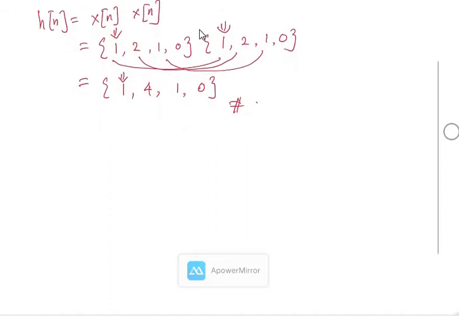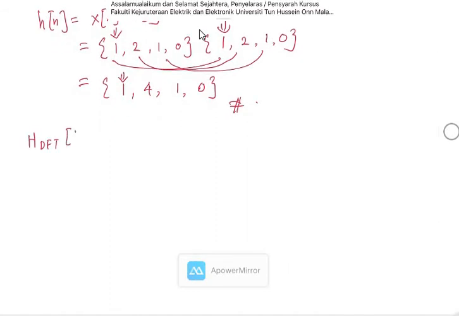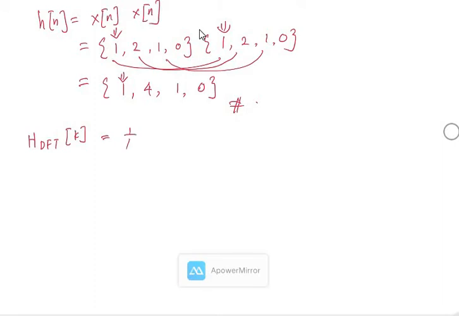And then for the DFT, H DFT[k] is equal to 1 over N times X DFT[k] convolved with X DFT[k].